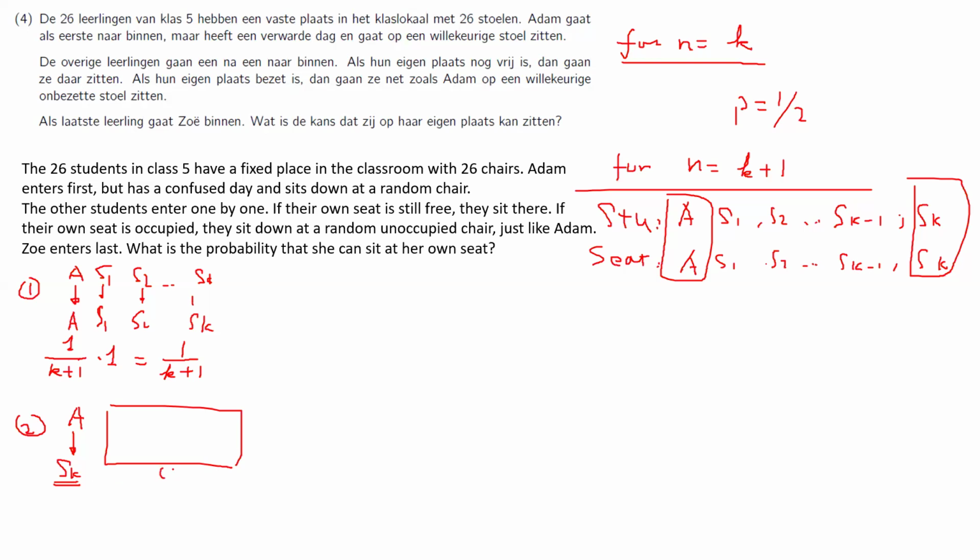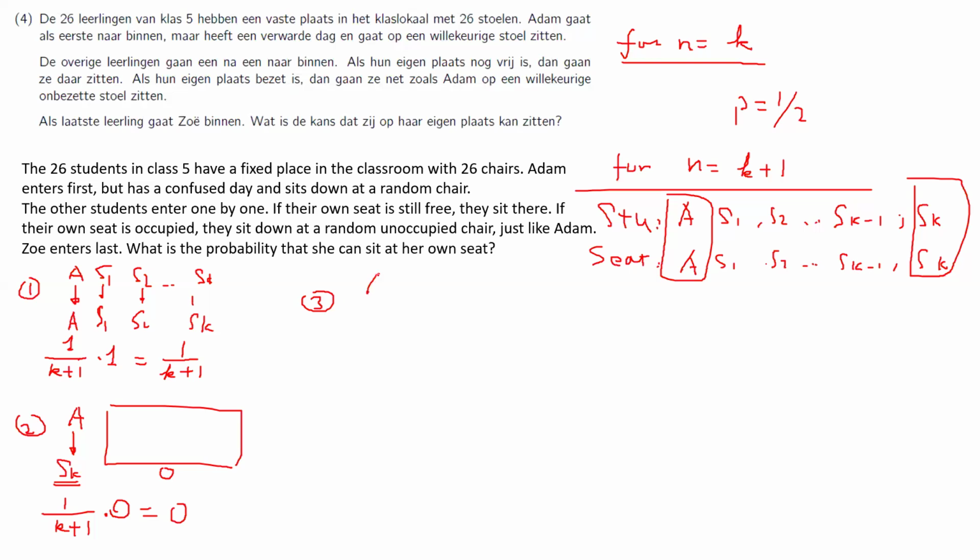So the probability will be 0. So the probability that A selects Sk is again 1 over k plus 1. Yeah. And the rest is 0. So in total, there's 0 chance that Sk can sit in her own seat. Okay? The third case is something in the middle.